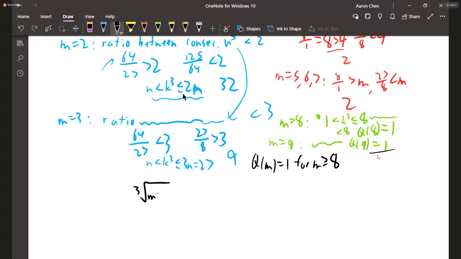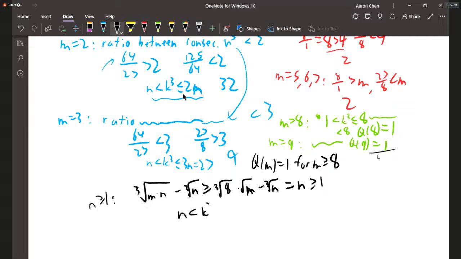So the cube root of m times n minus the cube root of n is at least the cube root of 8 times the cube root of n minus the cube root of n, which is equal to the cube root of n, which is at least 1. And so this is when n is at least 1, of course. And so this proves that there's a k such that n is less than k cubed is less than or equal to m times n.